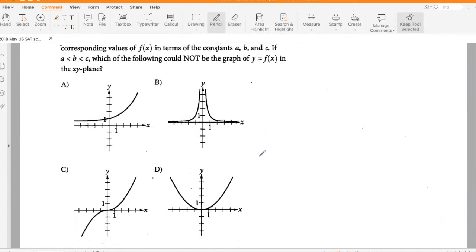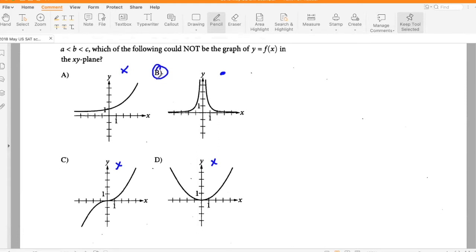So it should not be a rising graph. So it can't be this because it's a rising graph from 1 to 3. Yeah, so this is a possible answer because this is a falling graph from 1 to 3. This is a rising graph, so this can't be my answer, and this is a rising graph. So B is the one which could not be the graph of y equal to f(x).